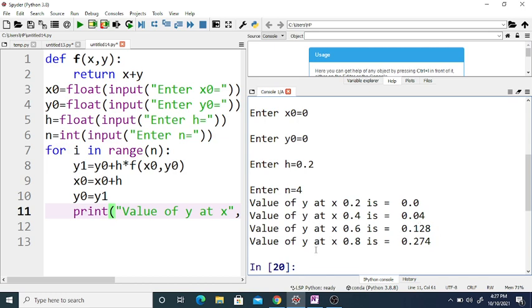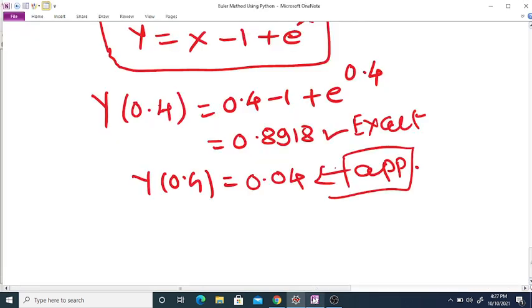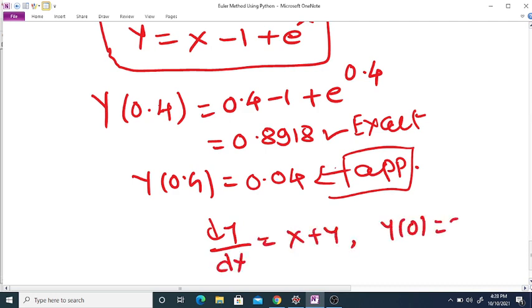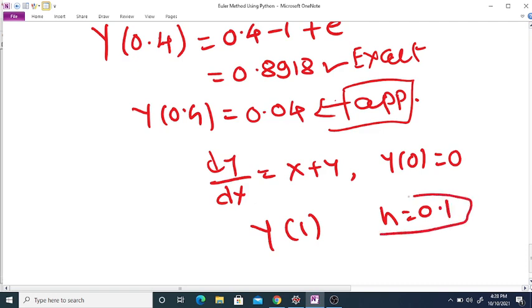Similarly, if you run one more time, suppose we want to determine the value for the same differential equation dy by dx is equal to x plus y with initial condition y0 equal to 0. What is the value of y at 1 using h is equal to 0.1? Now if h is 0.1, the number of steps n should be 10.